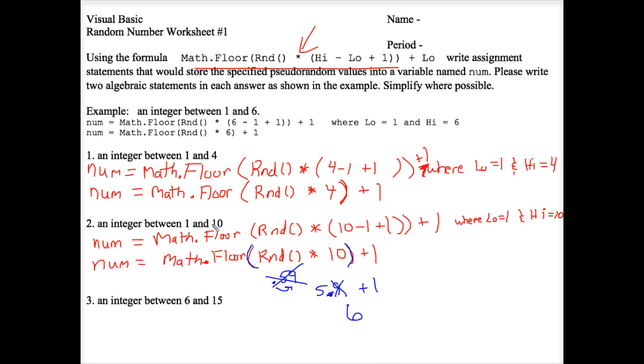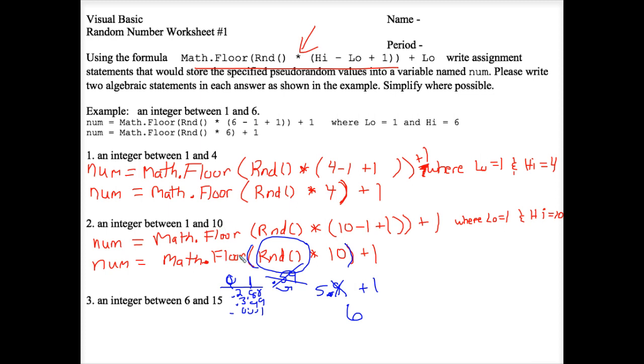Yes, it is. Any number that we would have originally plugged in here for RND, any decimal number between 0 and 1 on the number line, any number like 0.2, 0.88, 0.3, 0.999, 0.0001, any decimal number between 0 and 1, when plugged in for RND, would have led to an integer between 1 and 10.